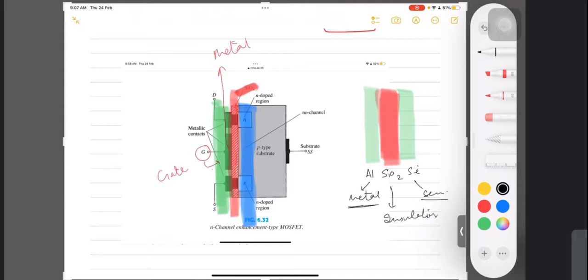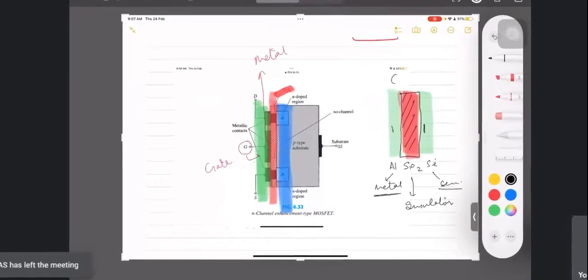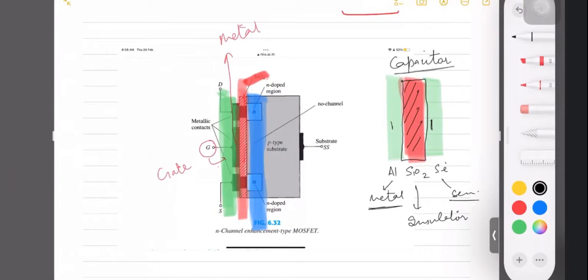Have you seen this type of structure? दो metals हों, दो conductors हों, separated by insulator. क्या बनता है इससे? Capacitor. Capacitor. Okay? तो ये भी more or less एक capacitor ही है.